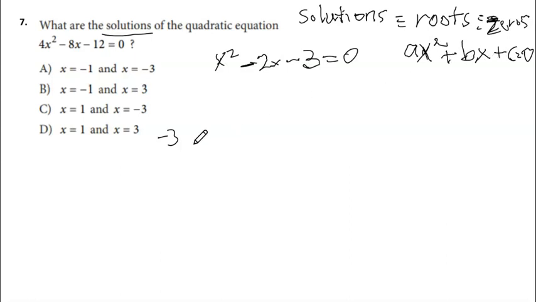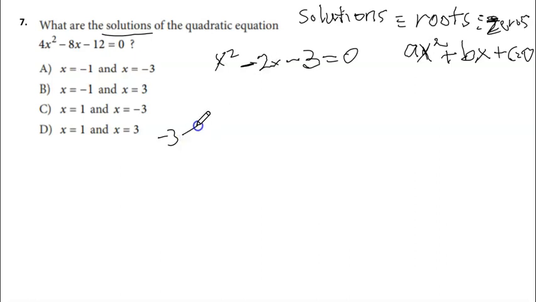So let me repeat. First, you multiply the coefficient of x squared by the constant c. We got minus 3. And then you find 2 factors of minus 3 that when you add together will give you minus 2, which is the coefficient of x, right?